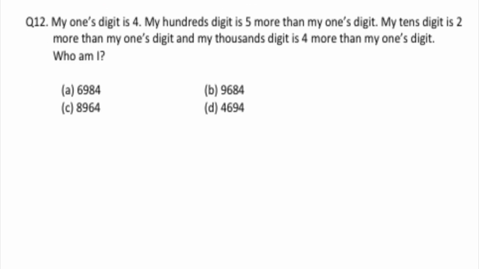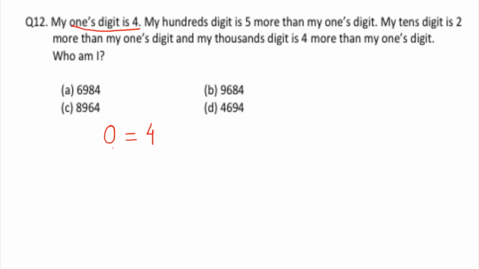Question number 12: my ones digit is 4, my hundredth digit is 5 more than my ones digit, my tenth digit is 2 more than my ones digit, and my thousandth digit is 4 more than my ones digit. Who am I? So now we have to find the number. Let's see one by one. My ones digit is 4.